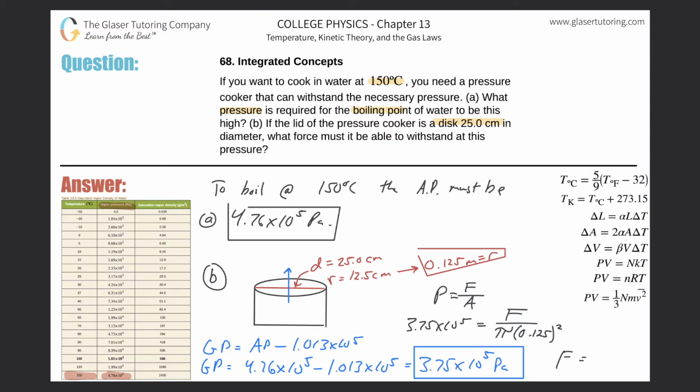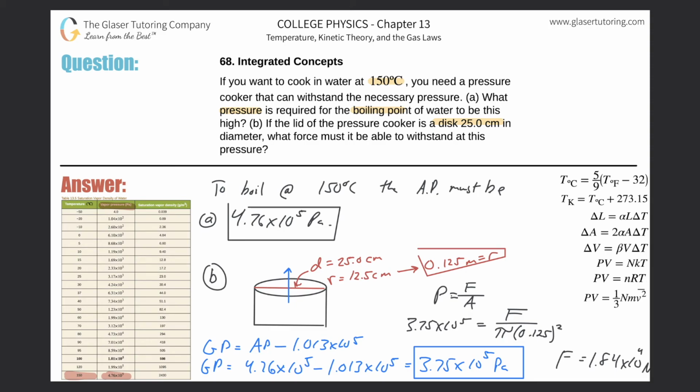Now all we need to do here is find that force. So it's a cross multiplication. You take the 3.75 times 10 to the 5, multiply it by pi, multiply it by 0.125 squared. And what do we have? So the force exerted is going to be about 1.84 times 10 raised to the 4th newtons.